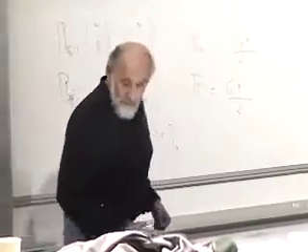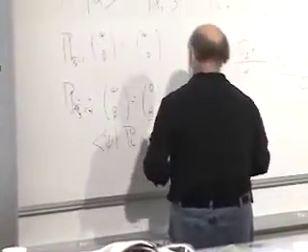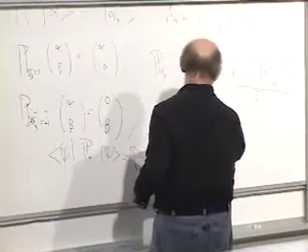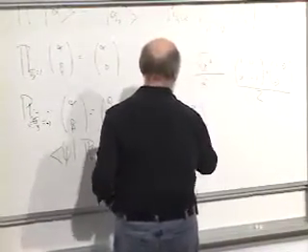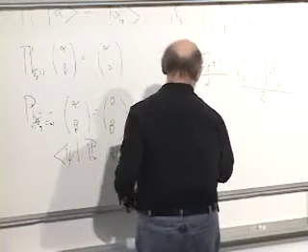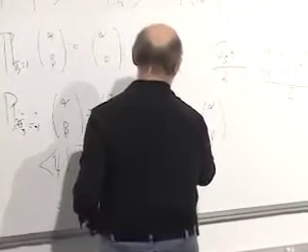Supposing again psi is just a vector alpha, beta, and P3 is sigma 3 plus 1 over 2. Here we have alpha, beta, then sigma 3 plus 1 divided by 2, and then alpha star, beta star.